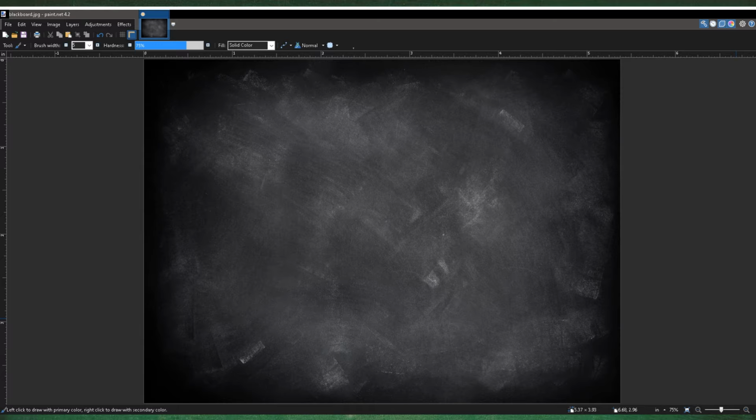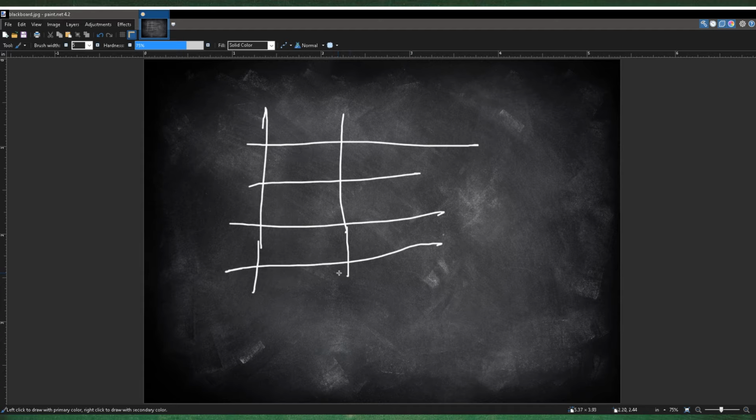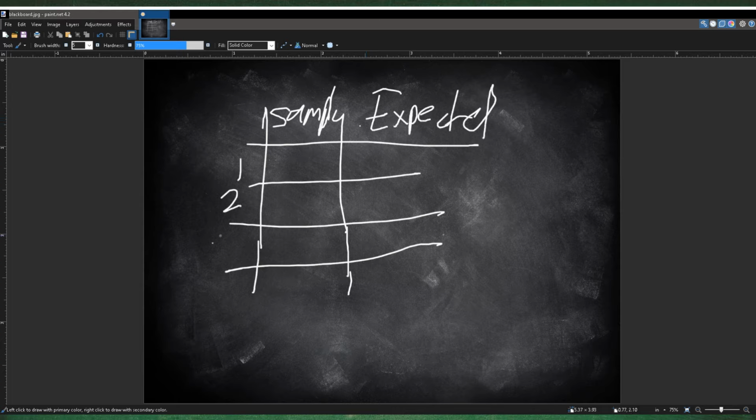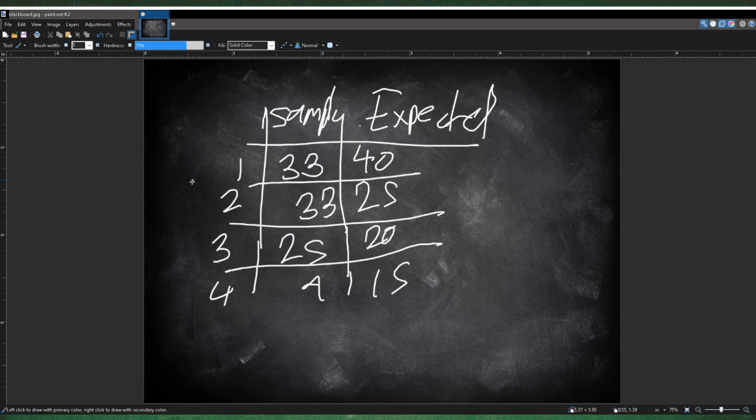So your spreadsheet should look something like this: you have sample, and then you have expected. The first one is the red one, which is your sample 33 and expected 40, then blue 33 and 25, then green 25 and 20, and then yellow 9 and 15.